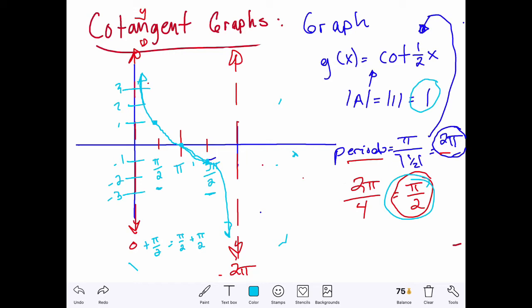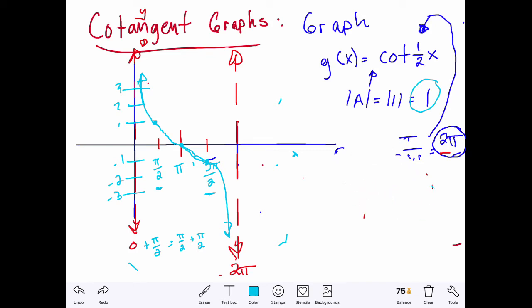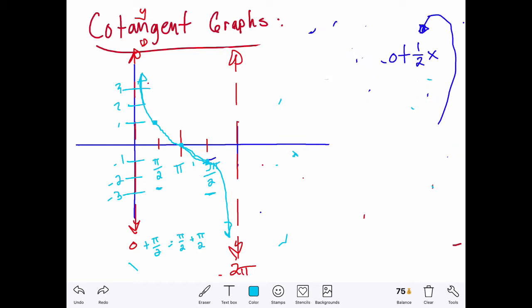What would I do? Well, my period here is 2 pi. I could just add what? 2 pi to whatever my ending location is.